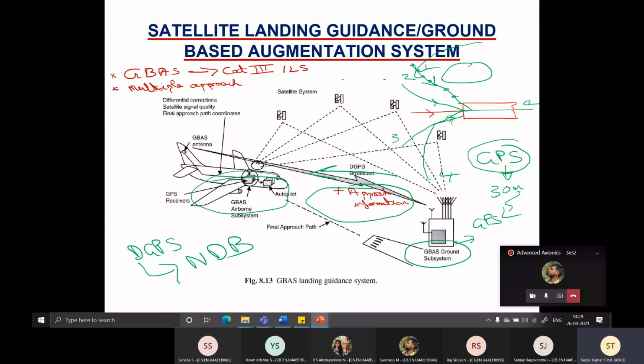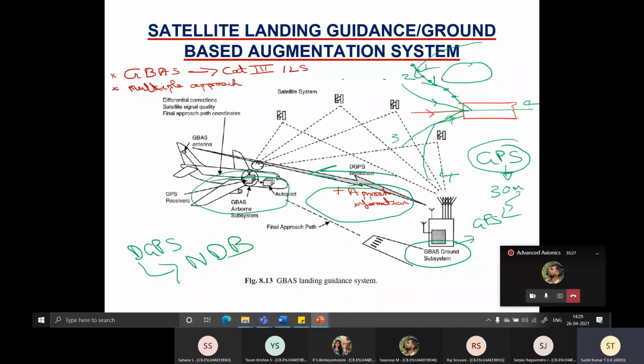Is it okay, Swaroop? Are you getting it? Yes, sir. Firstly, the system should be extremely accurate. You are talking about a landing aid, not a navigation aid. GPS as such is not accurate enough. So the only way you can do it is to compare the GPS information with the known information, and whatever error is there, keep transmitting it continuously.